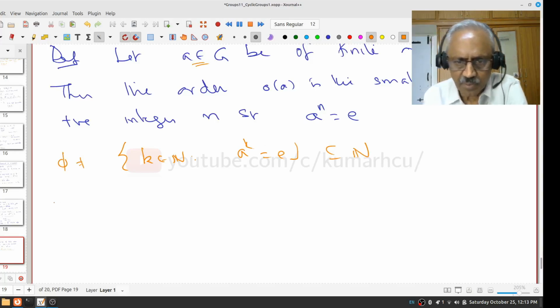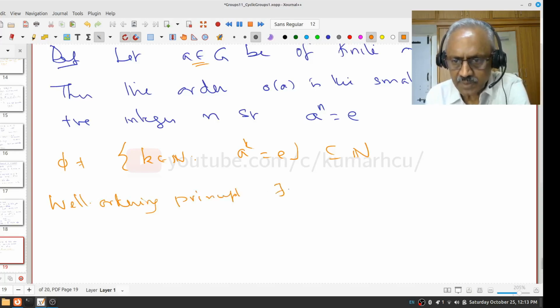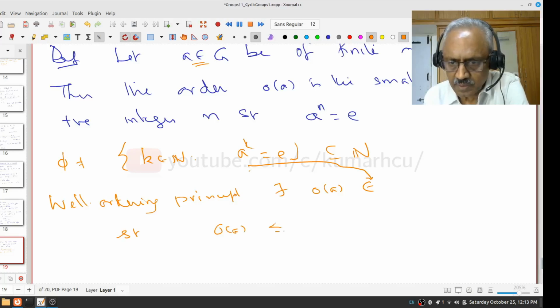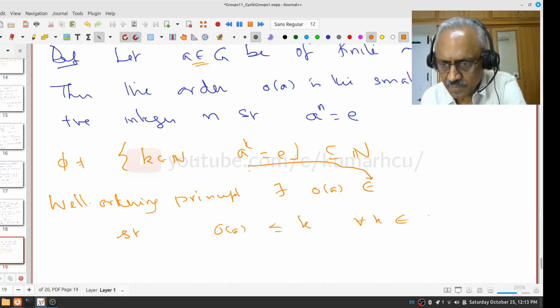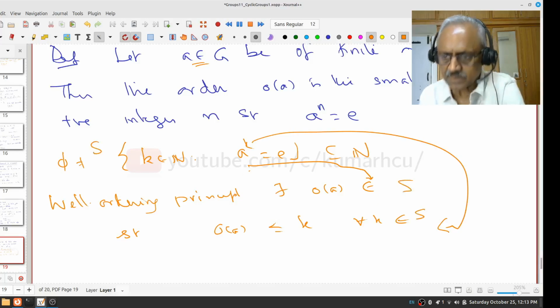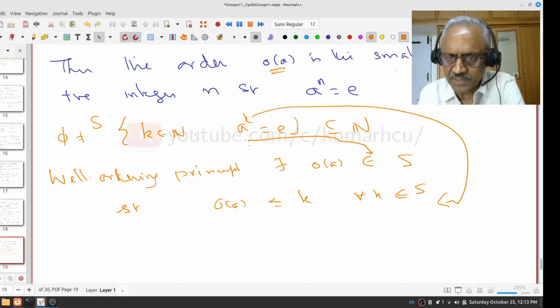Therefore, by the well ordering principle, there exists the least positive integer, say O of A, in this set, that is O of A is less than or equal to k for each k in this set. Do you understand? So that least positive integer we denote by O of A, read as order of A.